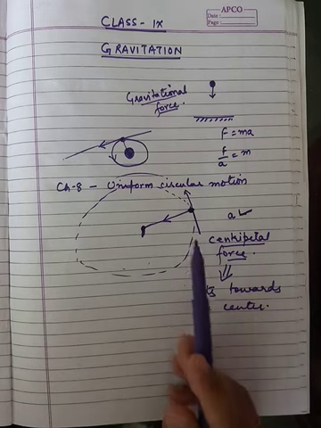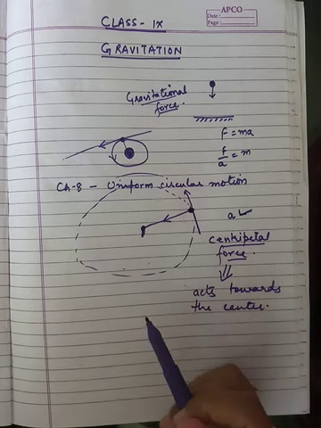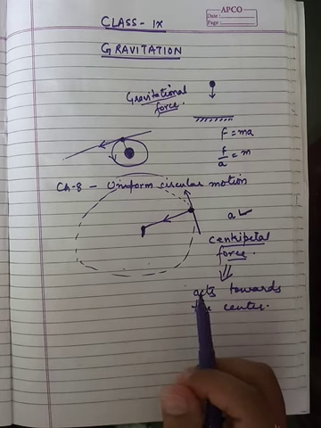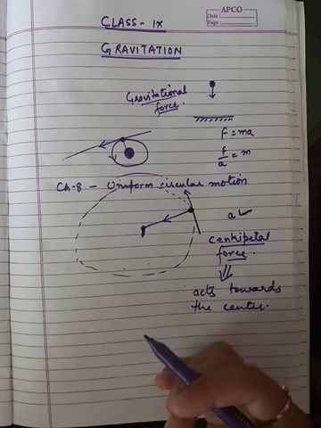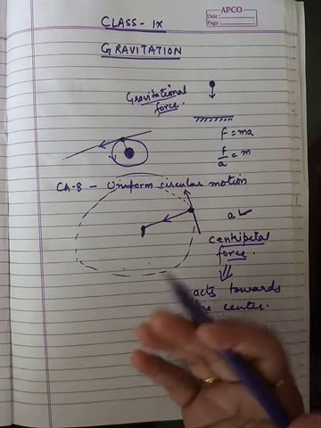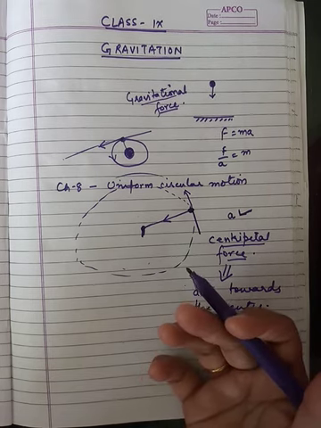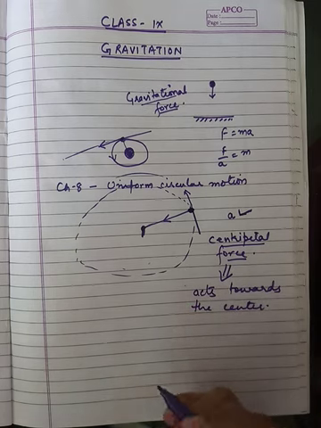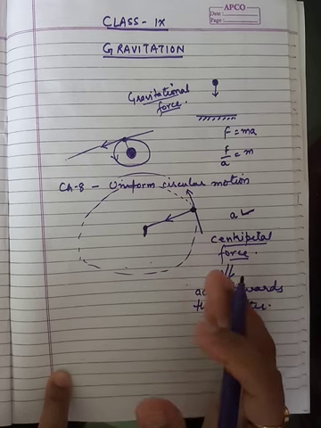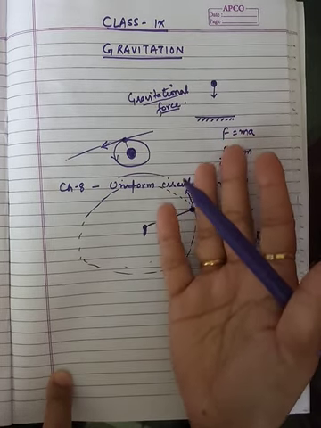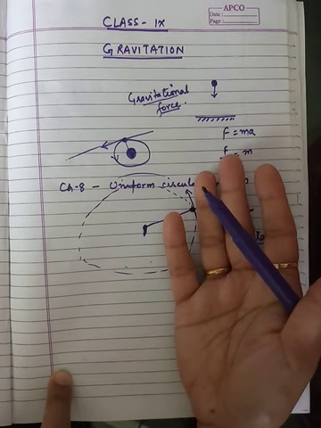And that force he called a gravitational force. So in this chapter, the idea of gravitational force is different from before. Why? Because till now we have understood that the gravitational force is only the force of attraction of the earth. In the lower classes we studied this.